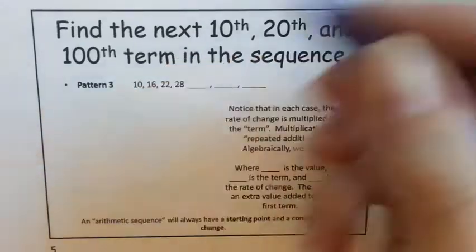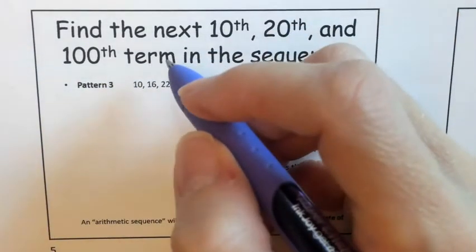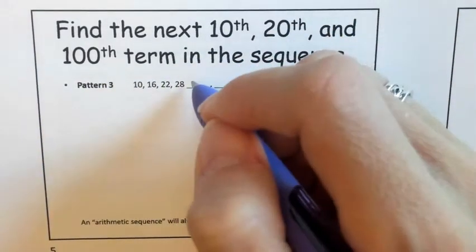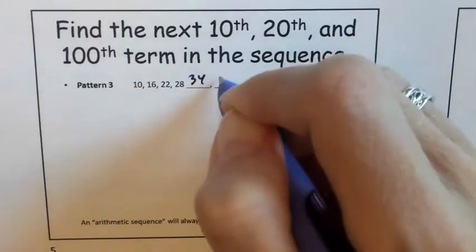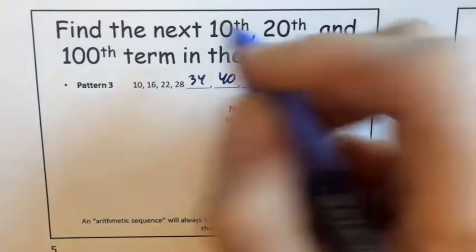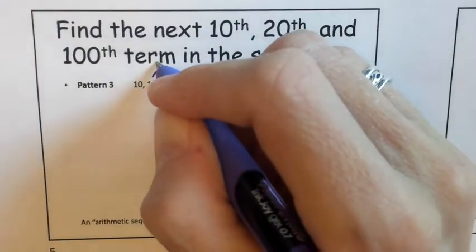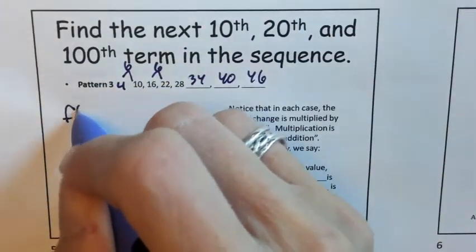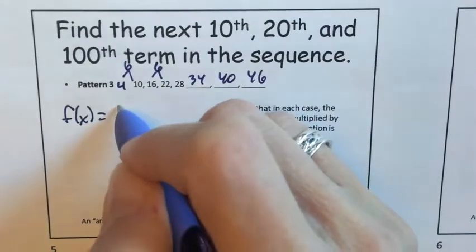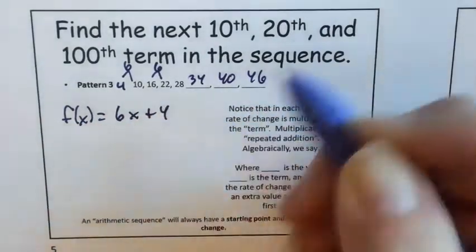My function rule, this was 34, 40, 46. So my rate of change is 6, and I'm going to originate at 4. So it's f of x equals 6 times x plus 4.